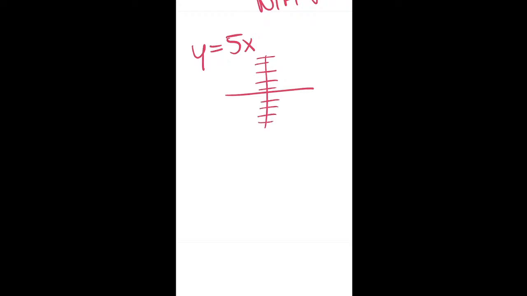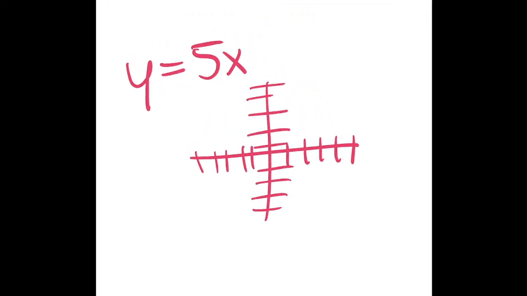Notice that when you graph lines, when x equals 0, y equals 0, those lines always go through 0, 0, because 0, 0 is when x is 0 and y is 0, right?